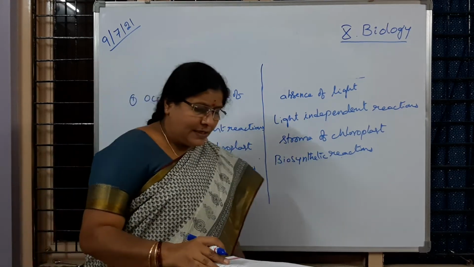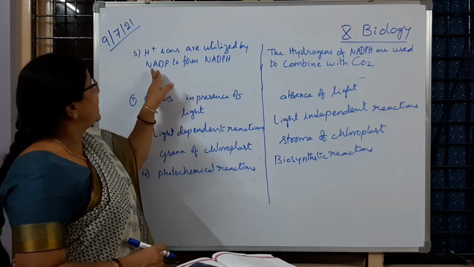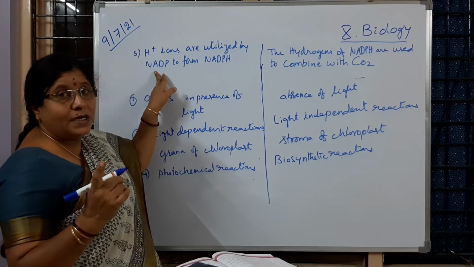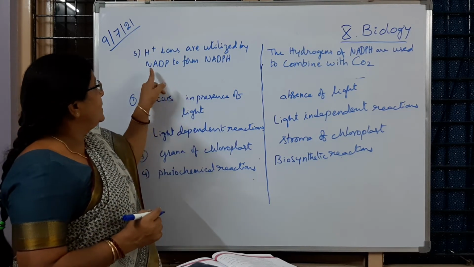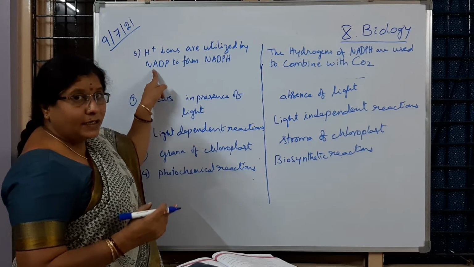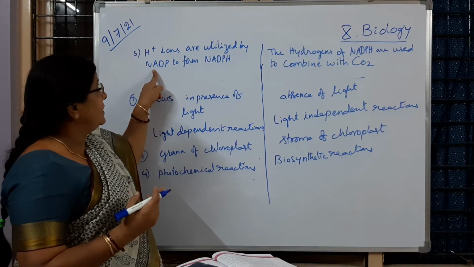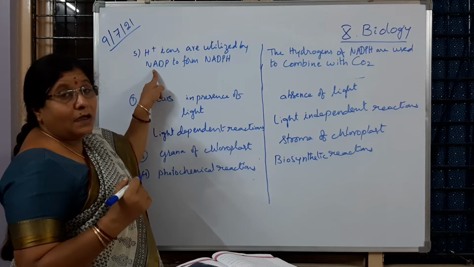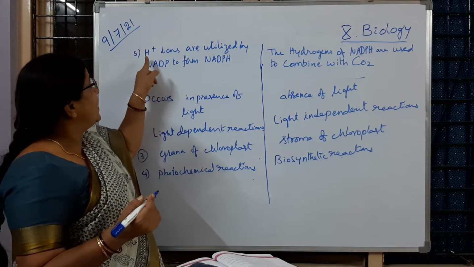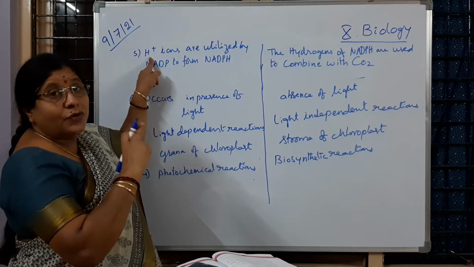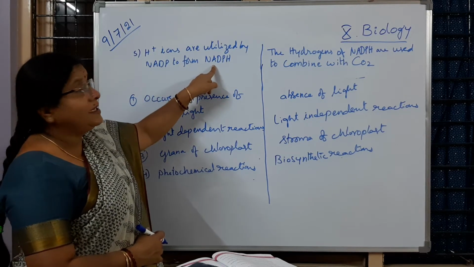Next point, here the H plus ions are utilized by NADP. You learned that assimilatory powers are formed in the light reactions. NADP, what is it? It is an electron acceptor. Already I said children, ATP, NAD, FAD, all these are electron acceptors. So H plus ions from photolysis of water are utilized by NADP to form NADPH.